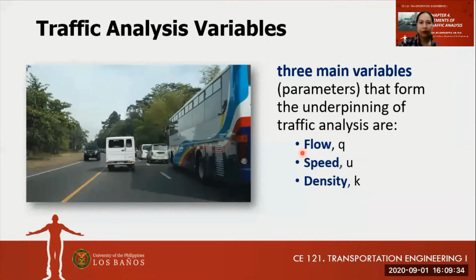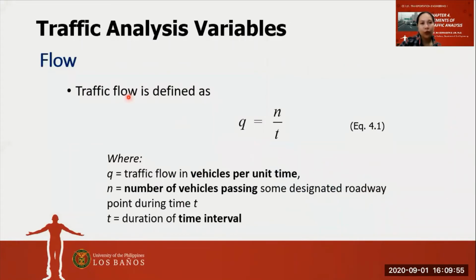These are the flow, designated as Q, speed, designated as U, and density, designated as K. Flow or traffic flow is defined as the equation 4.1 here. So flow is equal to N, which is the number of vehicles passing some designated roadway during time T. And T here is the duration of the time interval.